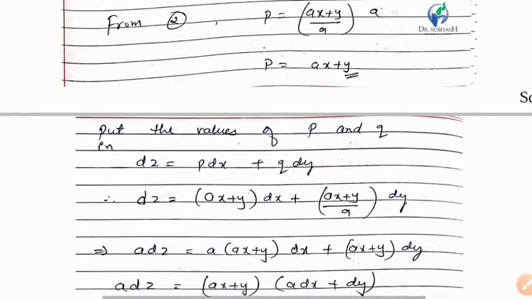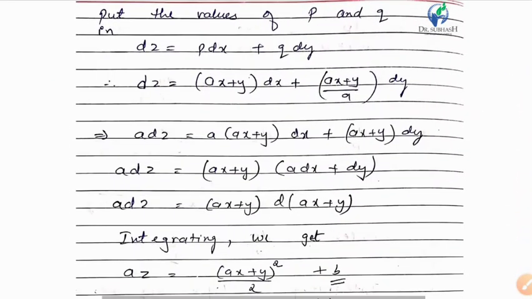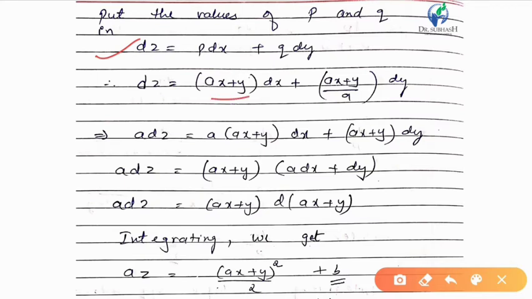Now as I have got both the values of p and q, I will put these values in the equation dz equal to p dx plus q dy. So p equal to ax plus y and q equal to ax plus y upon a. I will take LCM here. When I am taking LCM, this a will multiply with this term, and after cross multiplying, this a will move towards dz.